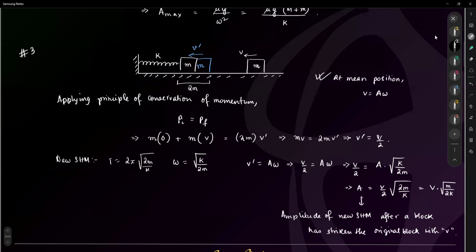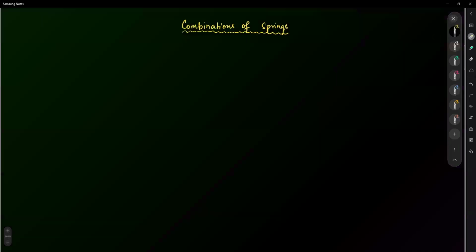Now let us come to the concept of combination of springs. Okay. So before going to this concept, I would like to show you some important aspects of this spring mass system.